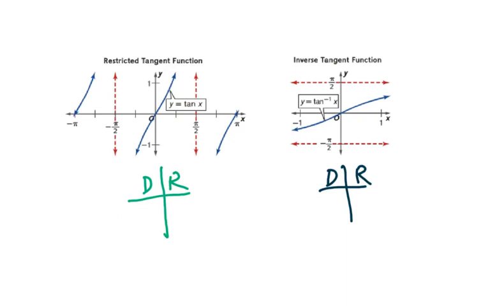So for the tangent function, the domain is restricted as -pi/2 to pi/2. Since -pi/2 and pi/2 are not in the domain of the tangent function, we use open parentheses, that's (-pi/2, pi/2).